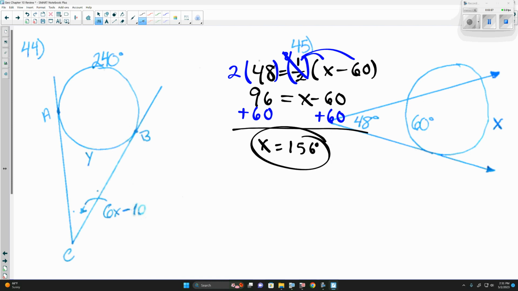Yeah. Because we could have multiplied 60 by 1/2, but then we'd have to double it in the end. Yeah. Because it would have been 30 plus 48 times 2.